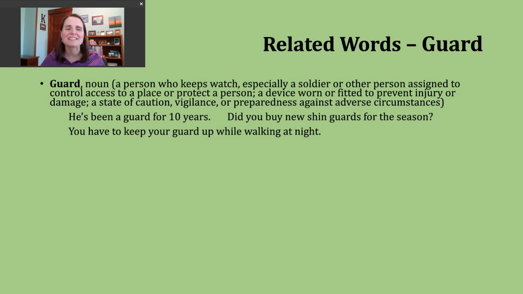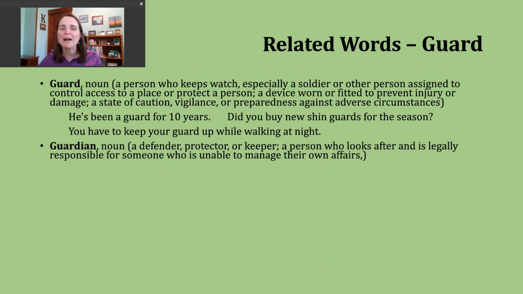So, an example of this: you have to keep your guard up while walking at night. Okay? Here, someone's encouraging you, be aware. What's around you? Who's around you? Where are you? Are you staying in lighted areas? Right? So they're asking you to maintain a level of caution.